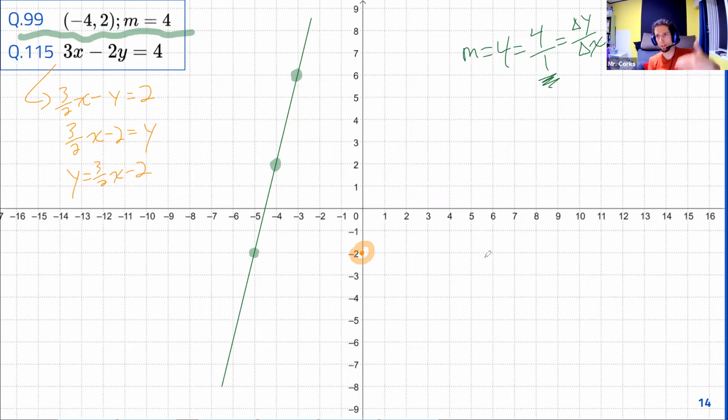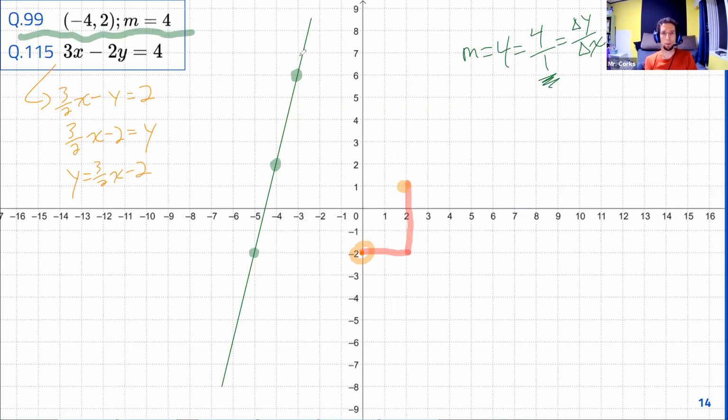Rise is the y change, run is the x change. So the bottom number is 2. That's saying when x goes up by 2, the y value must go up by 3. And that gives us a second point here.